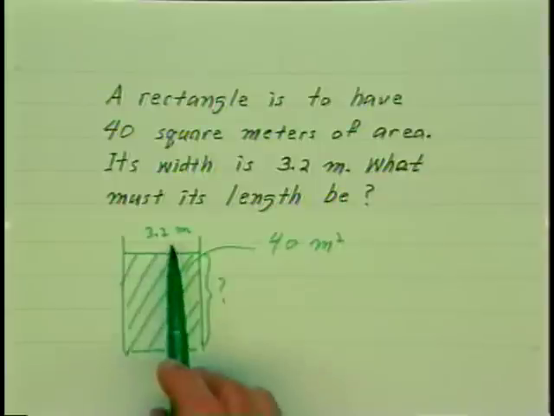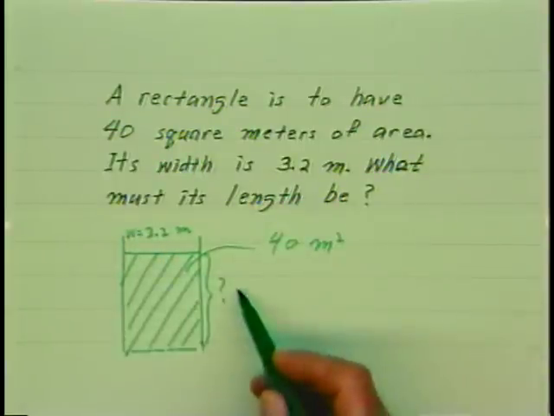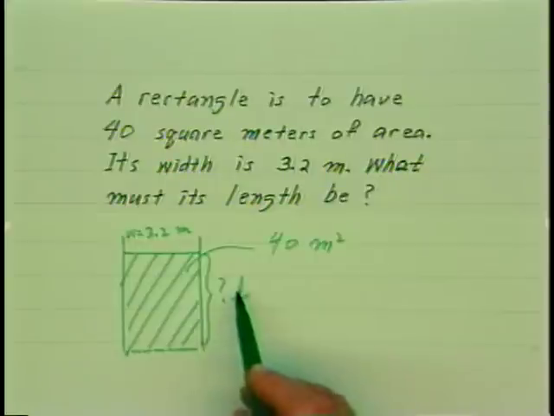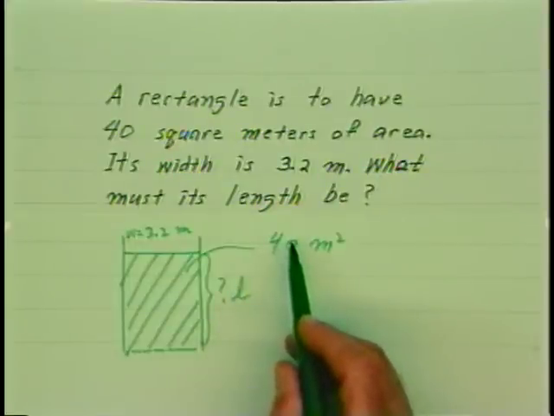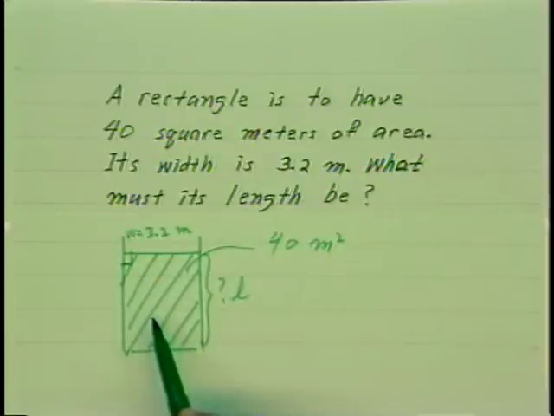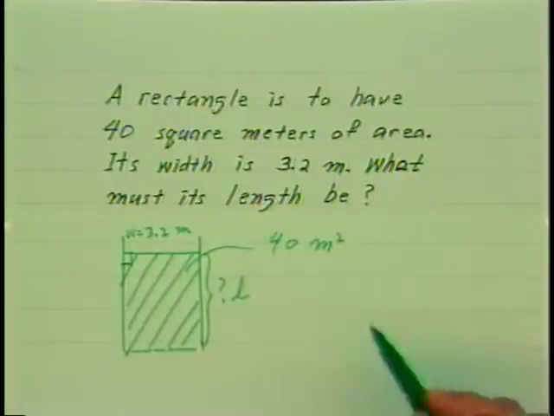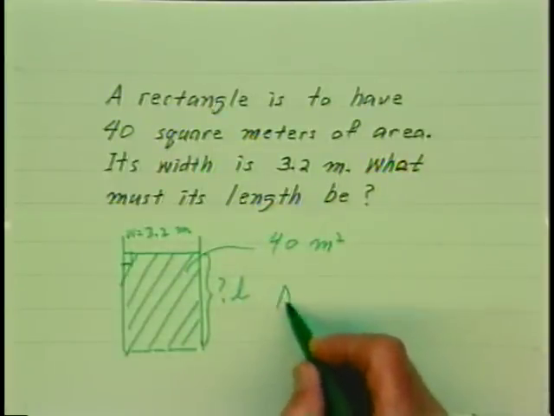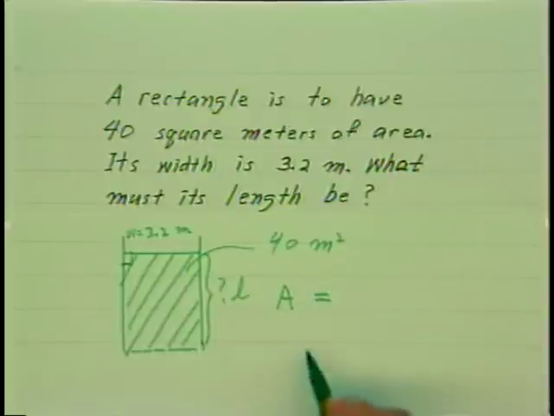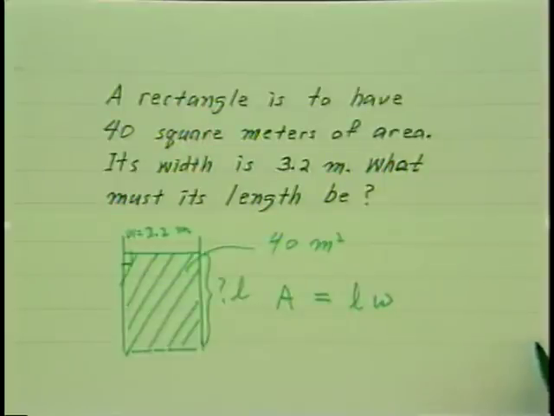Well, what we have here is a width, a length, which I don't know, and an area. So we ask ourselves, in a rectangle, what is the relationship between width, length, and area? And again, you recall from previous lessons, the area of rectangles is length times width.